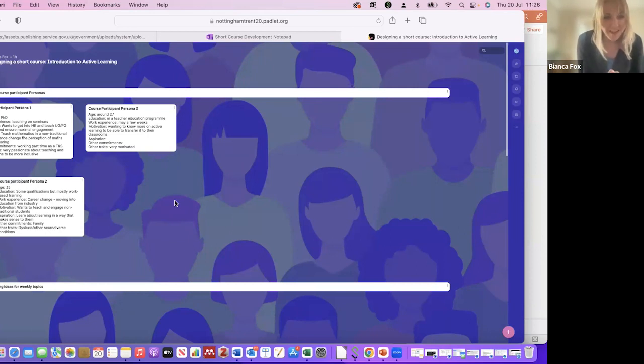We'll have participants that have either been working in higher education for quite some time, or are at the very beginning of their career and are thinking about working in higher education, or are thinking about changing their career and moving into higher education from industry.